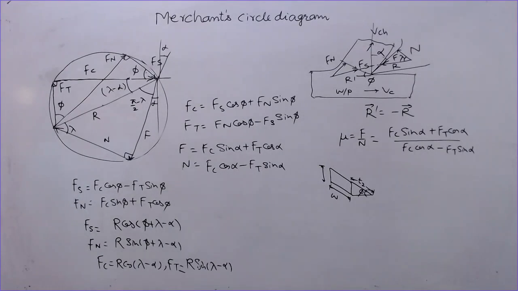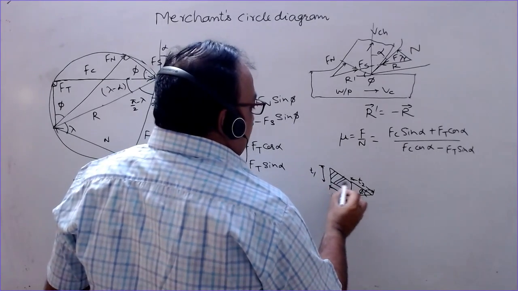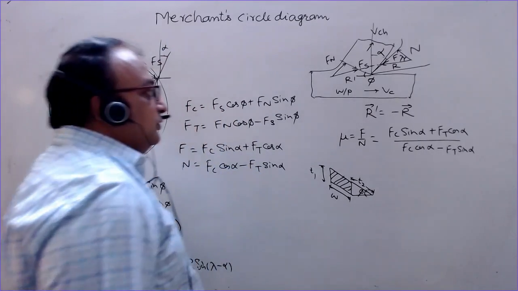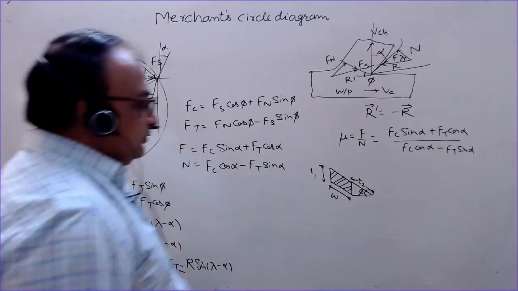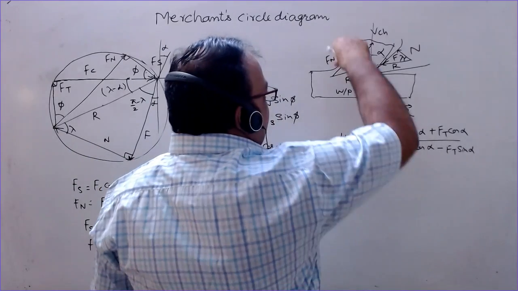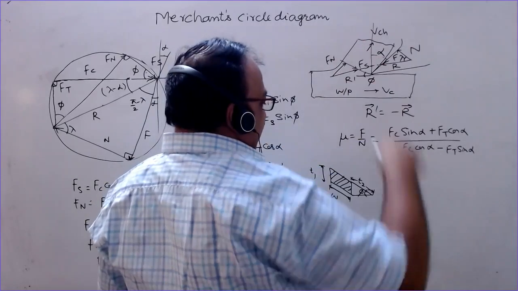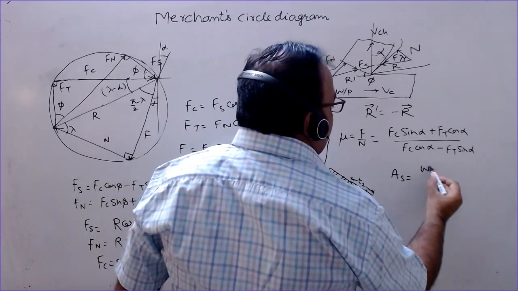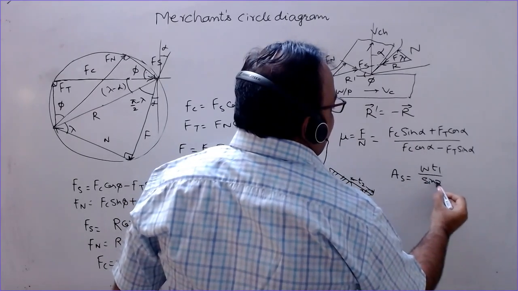So we can find the area which is sheared. So this area is W into T1, and this is the sheared area. Area measured like this in the direction of the shearing plane. So sheared area is W T1 divided by sin phi.